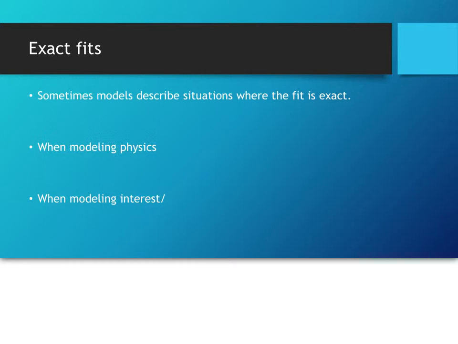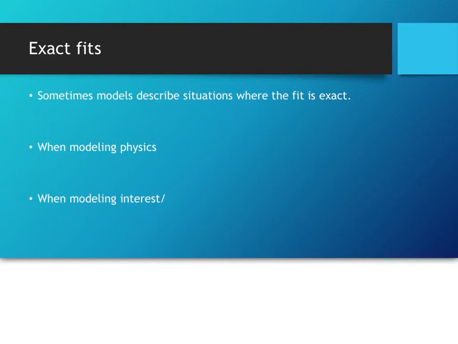So if I'm talking about distance, rate, time of a car, a car is traveling 60 miles per hour for 2 hours. How far did it travel? Those kinds of things. Another exact fit would be things like areas of rectangles and circles and the standard geometric type models.